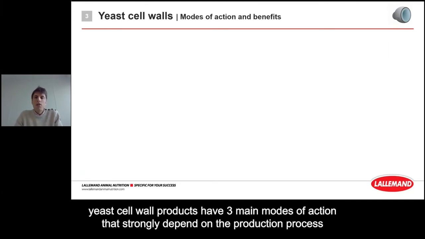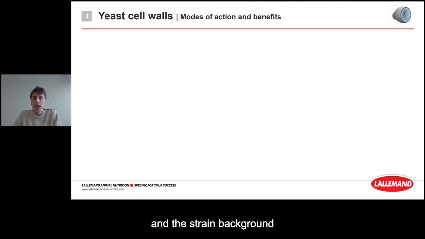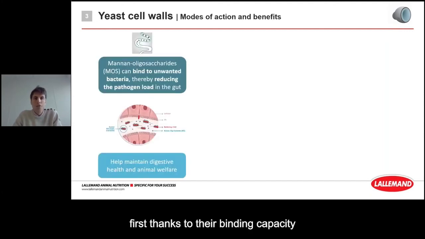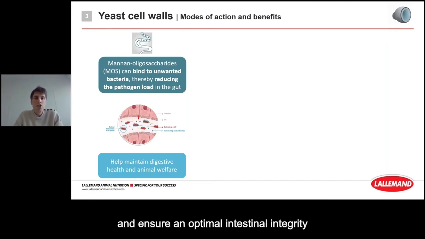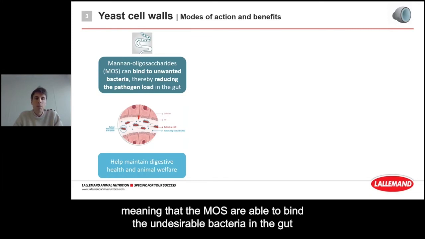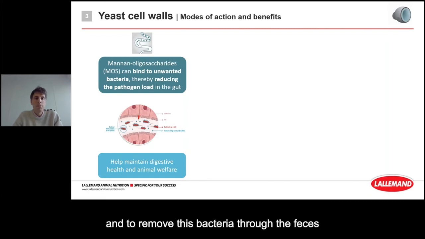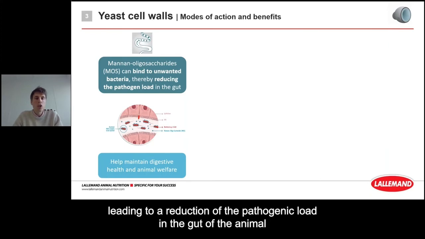Yeast cell wall products have three main modes of action that strongly depend on the production process and the strain background. First, thanks to their binding capacity, they help limit the development of undesirable bacteria within the gastrointestinal tract and ensure an optimal intestinal integrity, meaning that the MOS are able to bind the undesirable bacteria in the gut and to remove these bacteria through the feces, leading to a reduction of the pathogenic load in the gut of the animal.